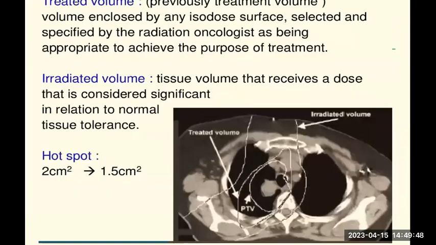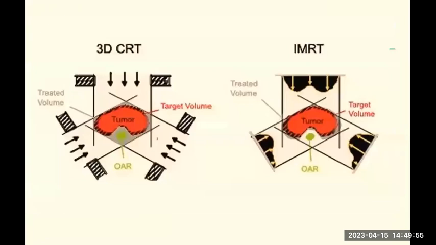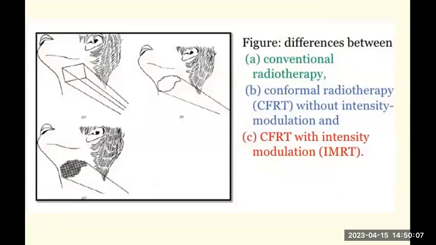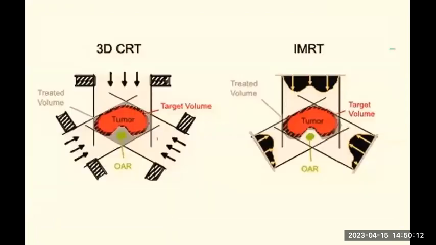In the exam, a question can be asked like: explain in detail how the treated volume is defined in IMRT when compared with 3D CRT, or compare the treated volume in 3D CRT and IMRT. You can write out the definition and draw this diagram to support it, which is very easily understandable. You can find there is a tumor and beams in 3 directions.